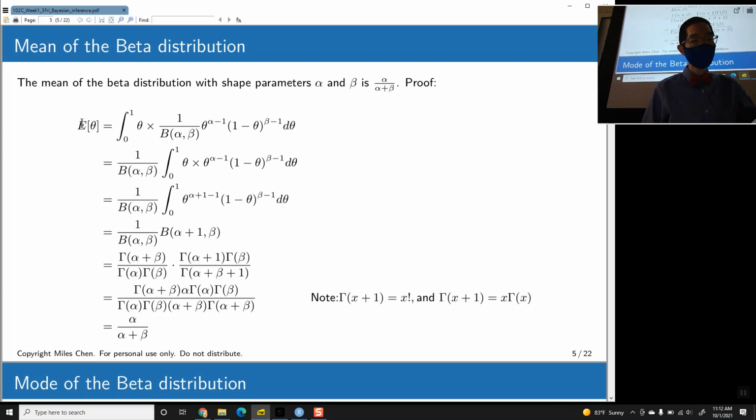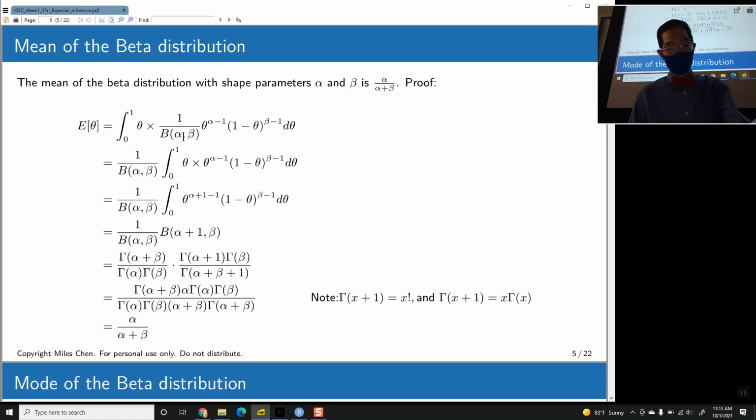So when we calculate the expected value of the random variable theta, what we do is we take the integral across all possible values of theta. So it's the integral from 0 to 1, that's the support of theta, times our PDF. The PDF being 1 over the beta function of alpha comma beta, theta to the alpha minus 1, 1 minus theta to the beta minus 1. Okay, so this is what we have.